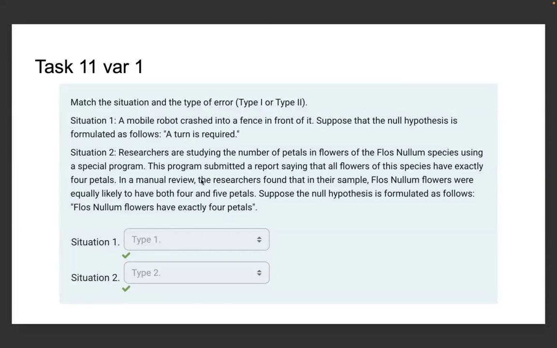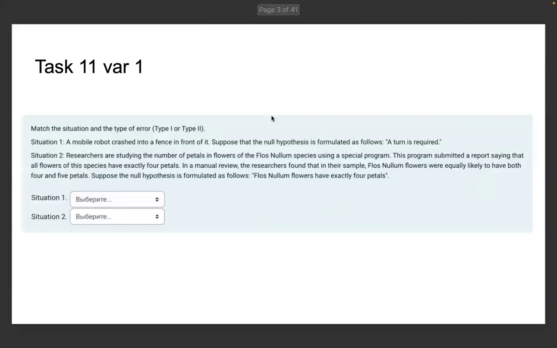So if you have questions, feel free to interrupt me to ask them. Don't be shy. Yes, go ahead. Okay, in this task, are there always two options, like type 1 in one situation and type 2 in the other, or can there be type 1 and type 1?